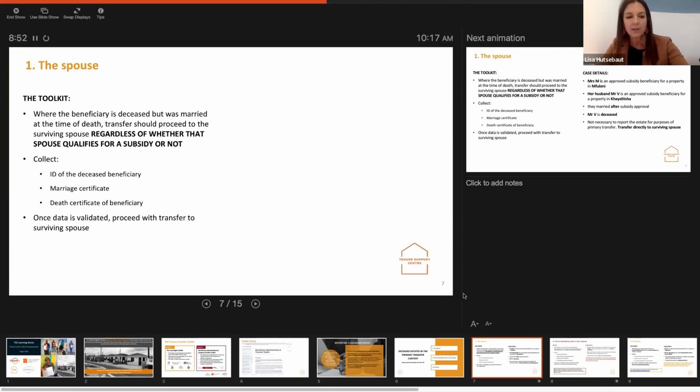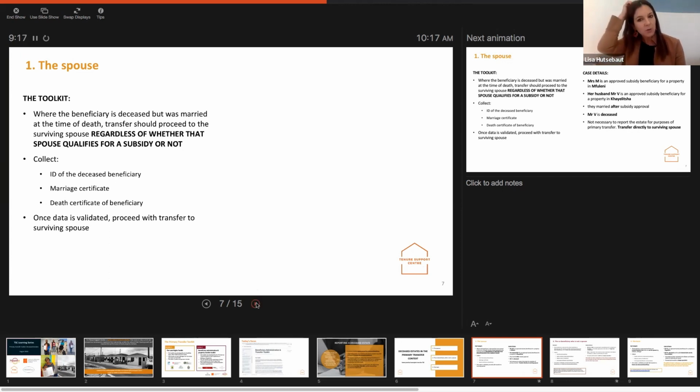If you have a look around on the toolkit, there is a whole section dealing with the core transfer process. It's a standard conveyancing transfer process from state to beneficiary. There's nothing unusual or magic about it, and that is the process that can be followed.